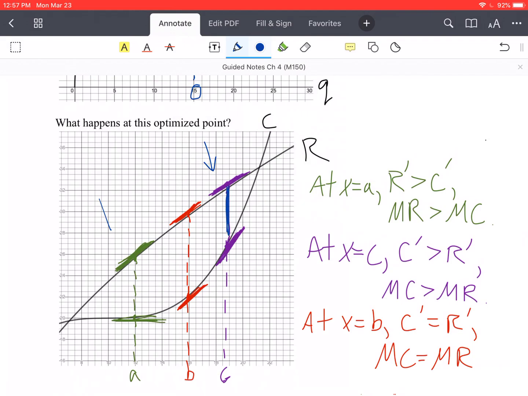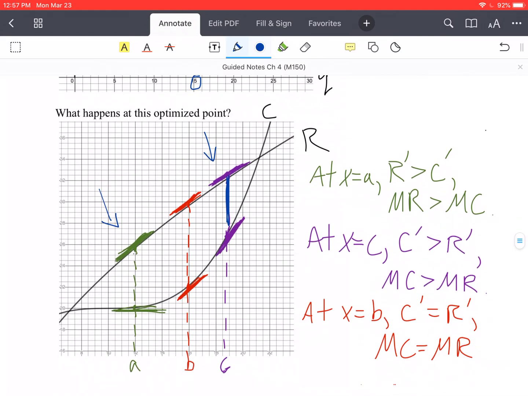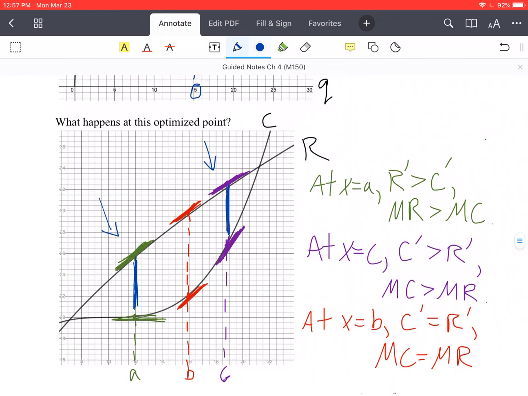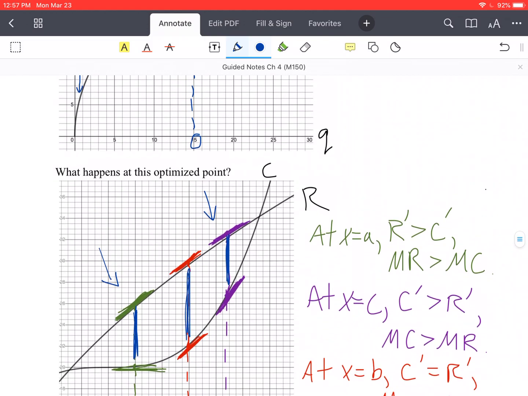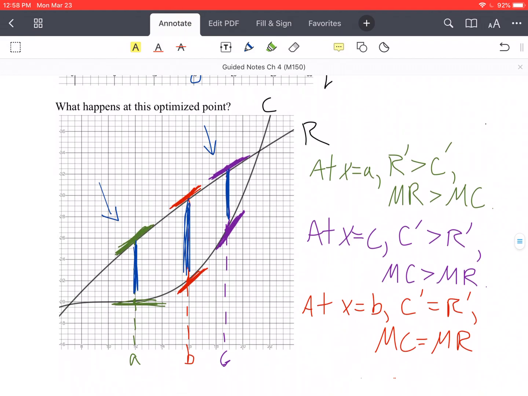You've kind of cut into your profit margins a bit. Whereas if you stop too soon, you are still making a good profit here, but there's more that could be made, right? We want to get it to this maximum length up here. So you don't want to push it too far because then your costs will start catching up to your revenue. You don't want to stop too short because then you've left extra money on the table that you could have made. So finding that maximum value is when marginal cost is equal to marginal revenue.